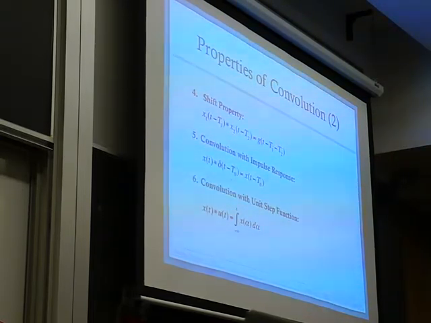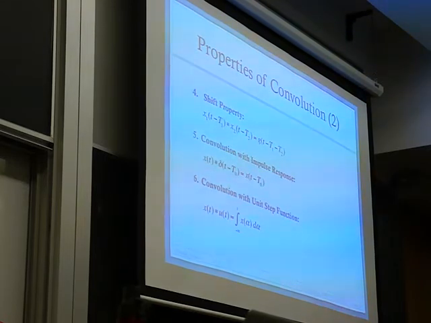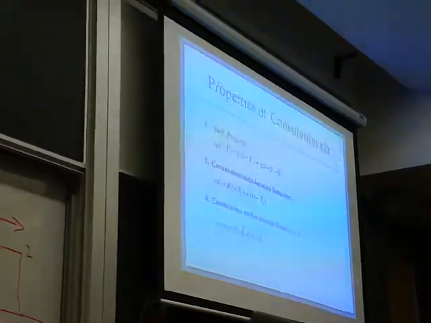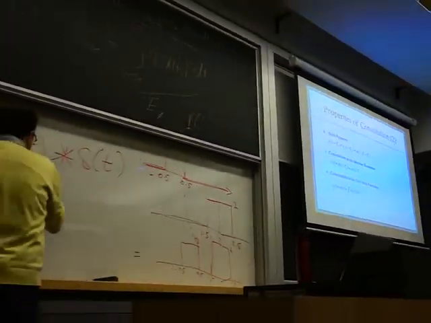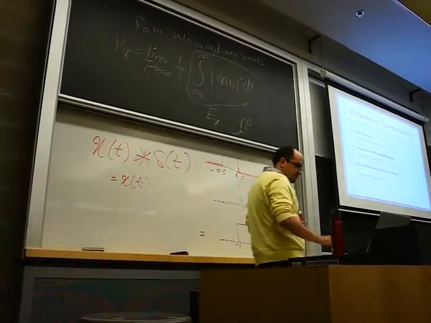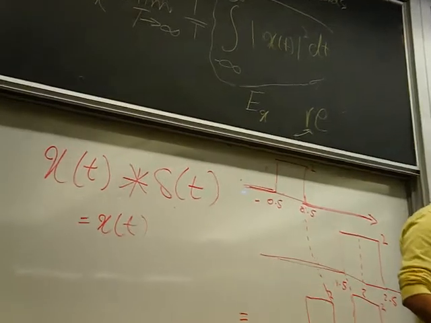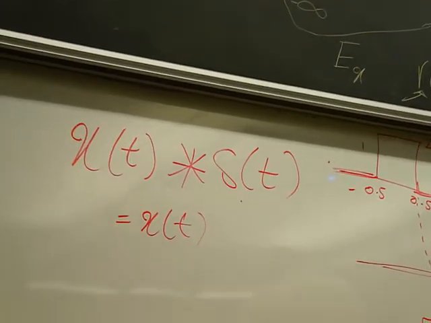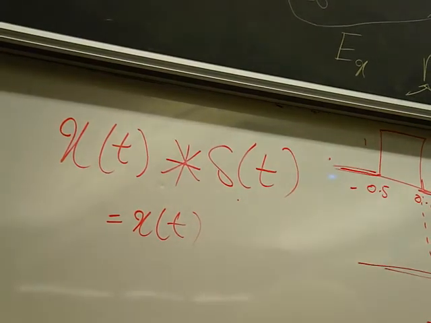So tell me, if I have x of t convolved with delta of t, what is the output? X of t. That's it.